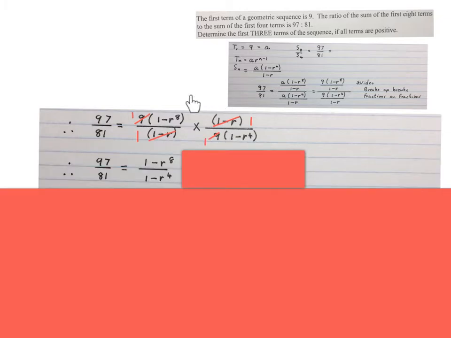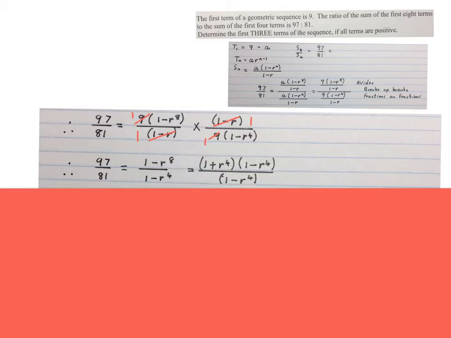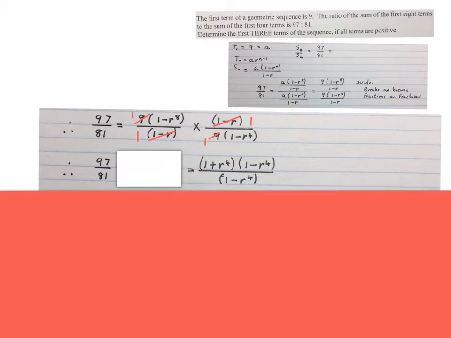If you simplify this now, you'll have 97 over 81 equals 1 minus r to the power of 8 over 1 minus r to the power of 4. Now you can factorize the top, because it's the difference of 2 squares. You get (1 plus r to the power of 4)(1 minus r to the power of 4). Now we can simplify again.